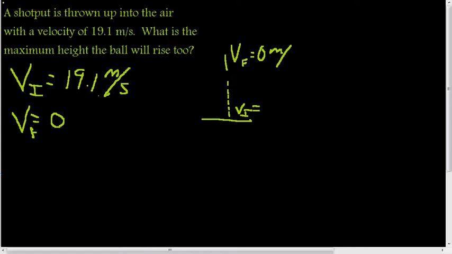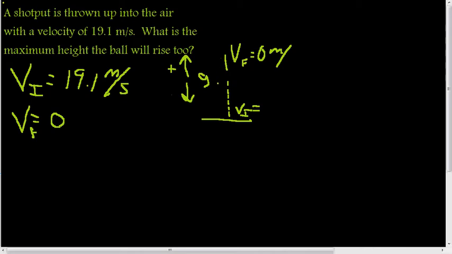Now, we need one more bit of information. Any kinematics problem we want to solve, you always have to know three things. And the last thing we know is that this ball is floating in the air, not with just any forces acting on it, but a very specific force, gravity. The force of gravity is acting downwards, which is in the opposite direction to which the ball is thrown. The ball is thrown up, we'll call that the positive direction.